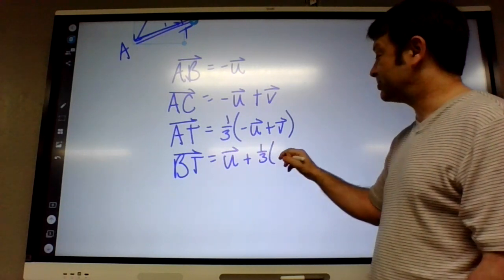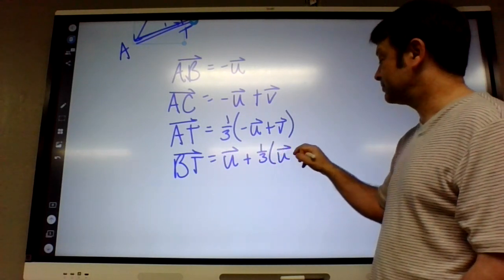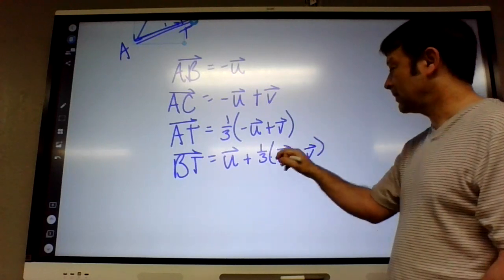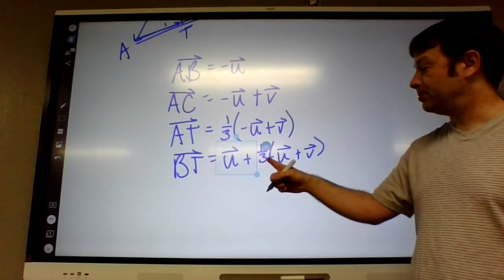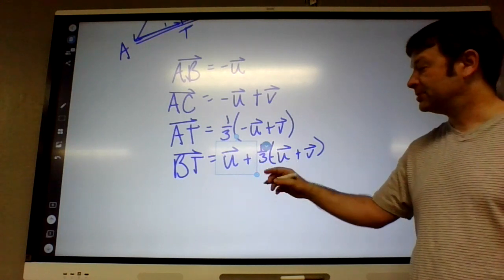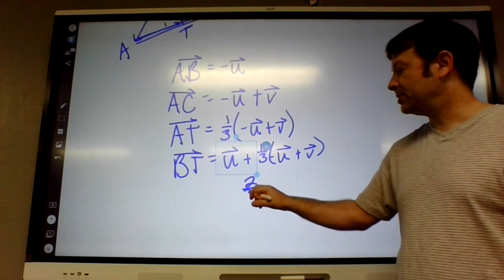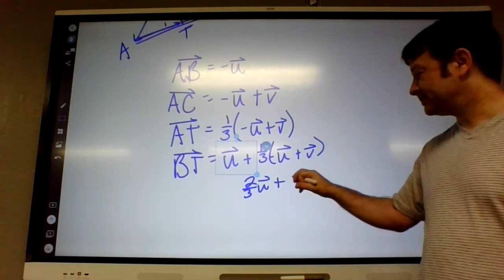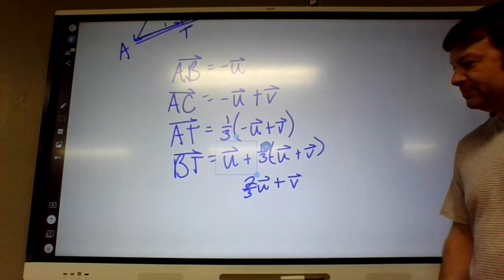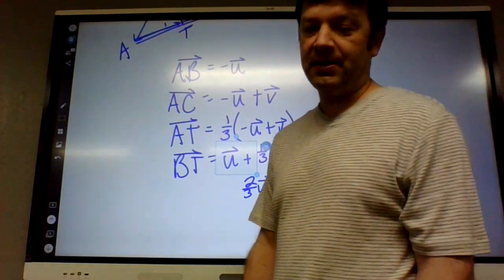I guess this would simplify a little bit. This is like 1u minus 1/3 u. So that'd be like 2/3 u. That's kind of a mess.